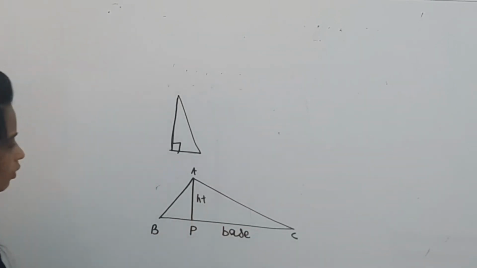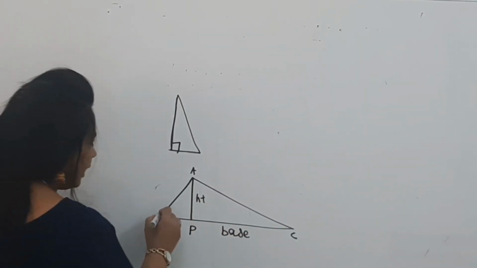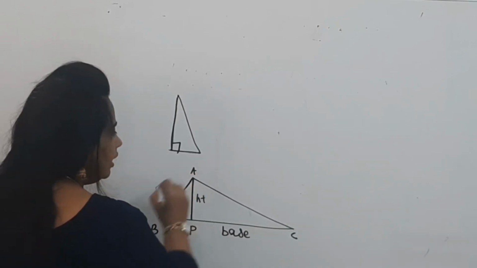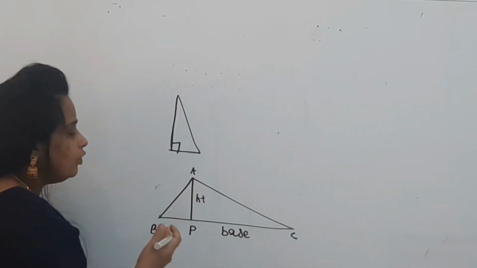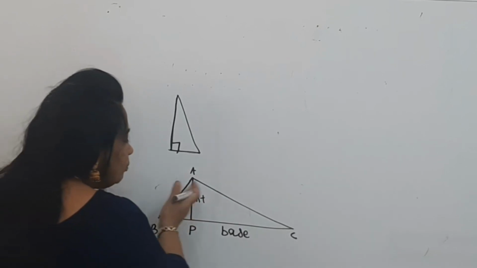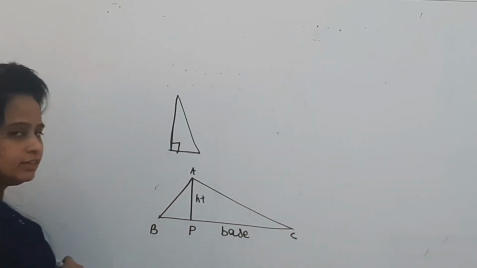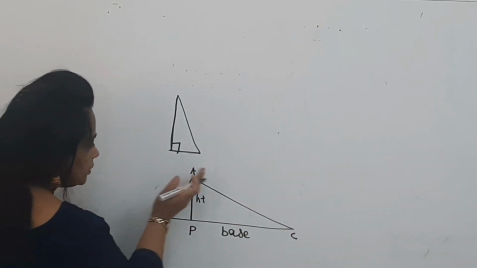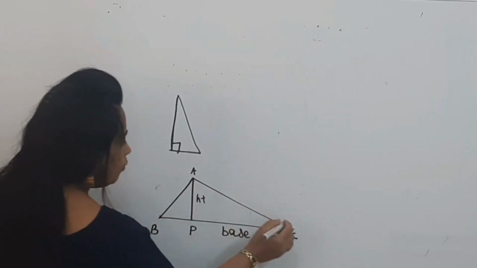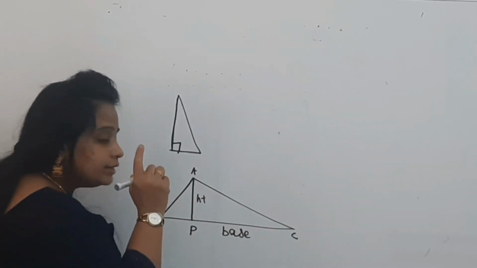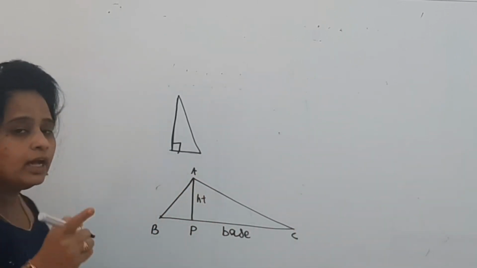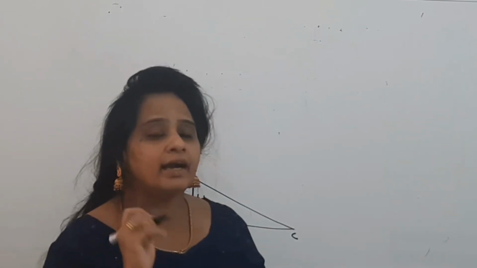Now I want AB as the base, and from where will you get your height? Height will always be from the opposite vertex. So AB is the base, which means the opposite vertex is C. When I draw the height, it is a condition for the altitude that it must make 90 degree.